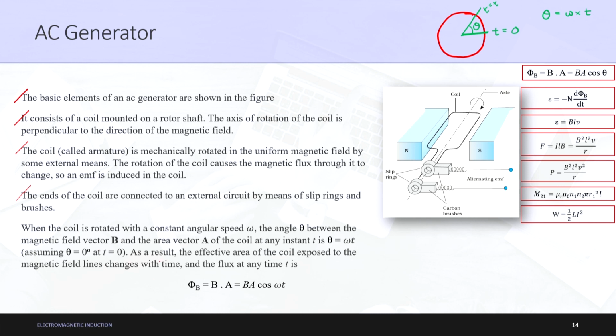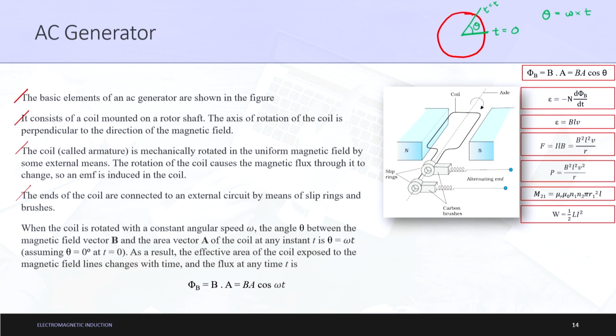Moving on, as a result, the effective area of the coil exposed to the magnetic field lines changes with time. A basic principle of Faraday's law of induction is being used here. The flux at any time t uses the same simple basic formulas, only a little complexity is added line by line.